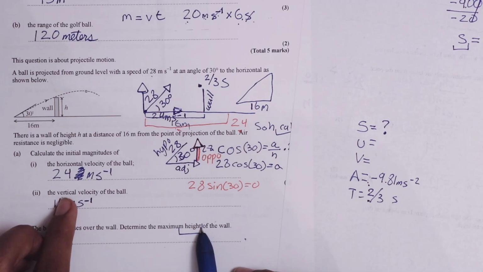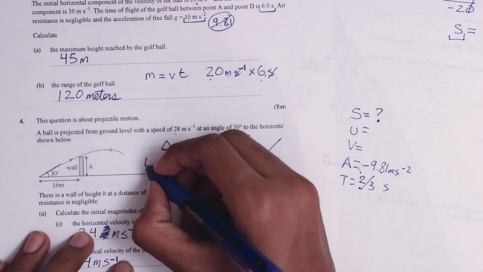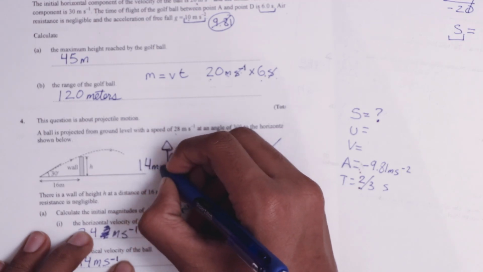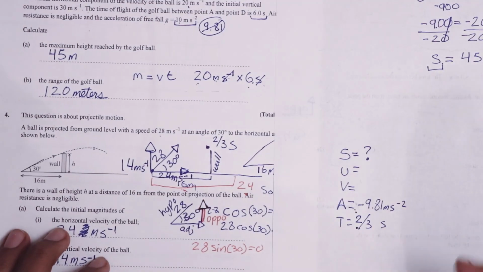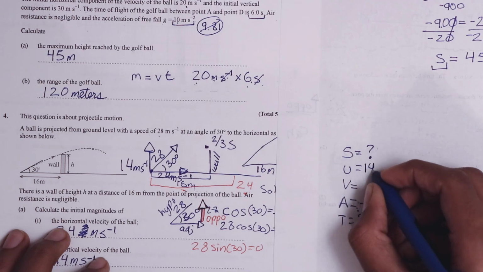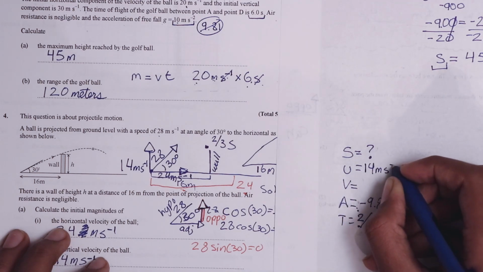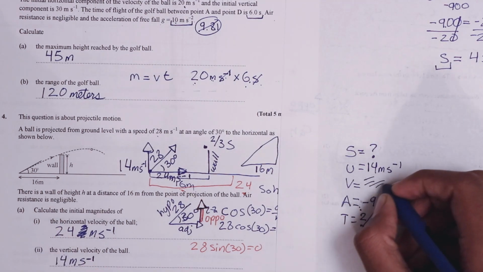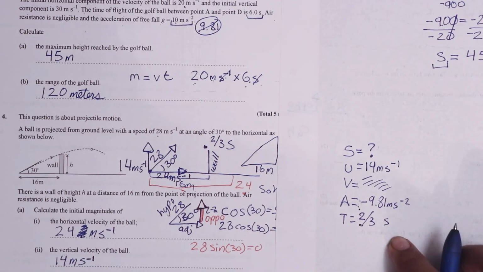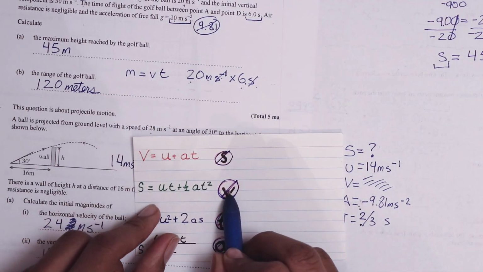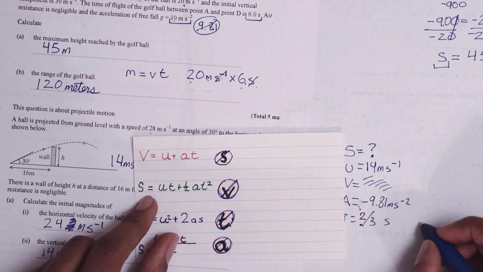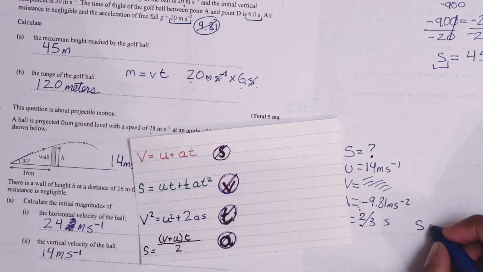We did find our vertical velocity at 14. So initially it's going 14 meters a second, and we don't know V. Using our trick, look for an equation that doesn't have V. There it is. Look, it's super convenient because we're trying to find S as well.